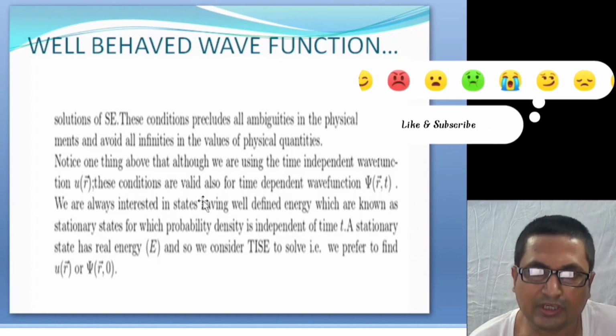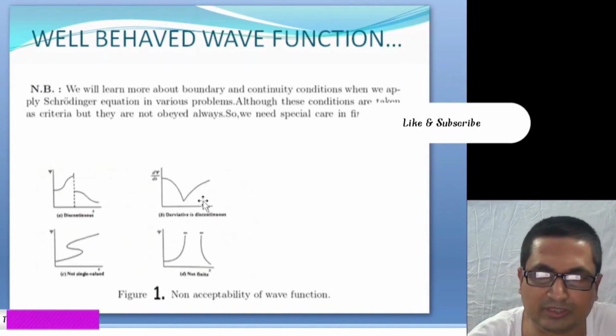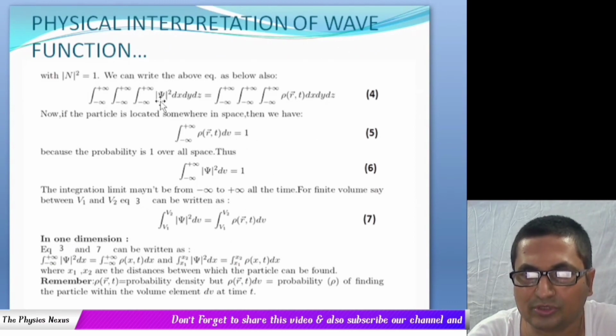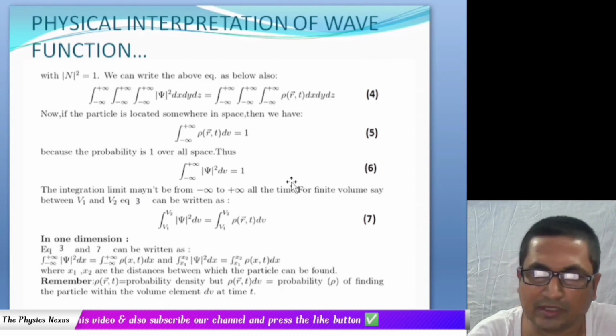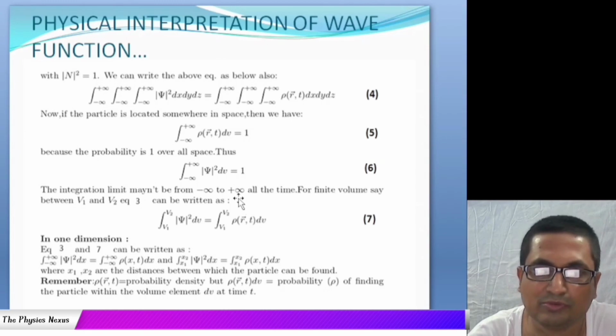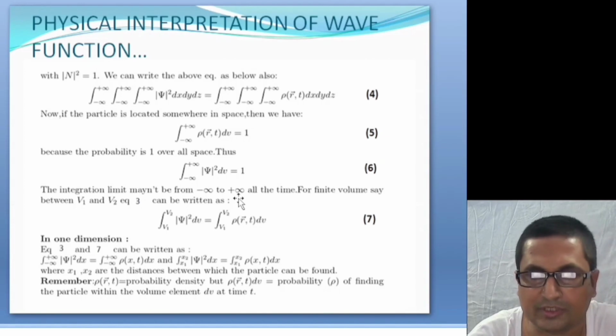When we integrate over the whole space, that integral will be equal to 1, since the total probability is always equal to 1. Sometimes some constants will be there, known as normalization constants. In the coming video we'll take care of it.